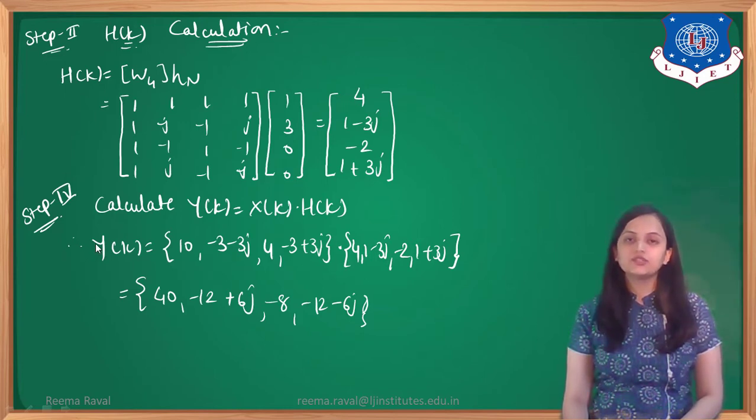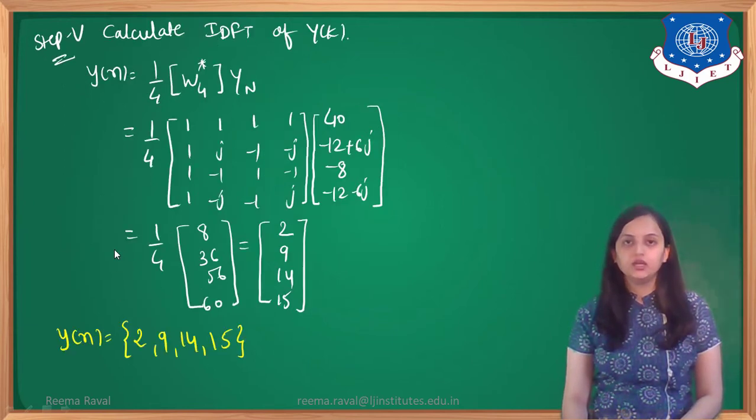Now the last step is to find the IDFT of this y of k to get the circular convolution y of n. So here we are using N equals 4. We will use the conjugate matrix for IDFT and multiply it with y of k. By placing these values, we will get the matrix multiplication output as 8, 36, 56 and 60.